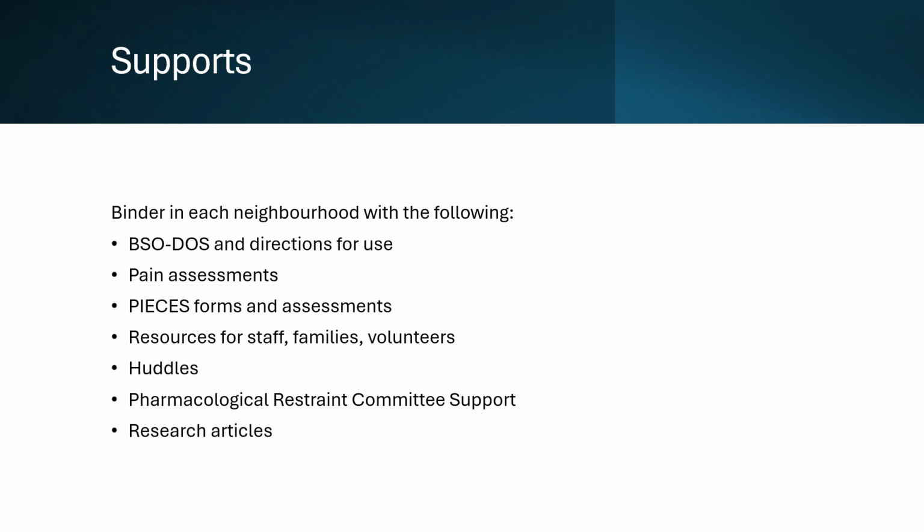The PISA forms and assessments will be there. So the forms, the assessments, like a CAM, there's a depression scale, there's quite a few. Anyway, we'll put them all there. There'll be resources that you'll be able to give to staff, families, and volunteers if they have questions. There's also a number of huddles that I know have been coming out or will be coming out.